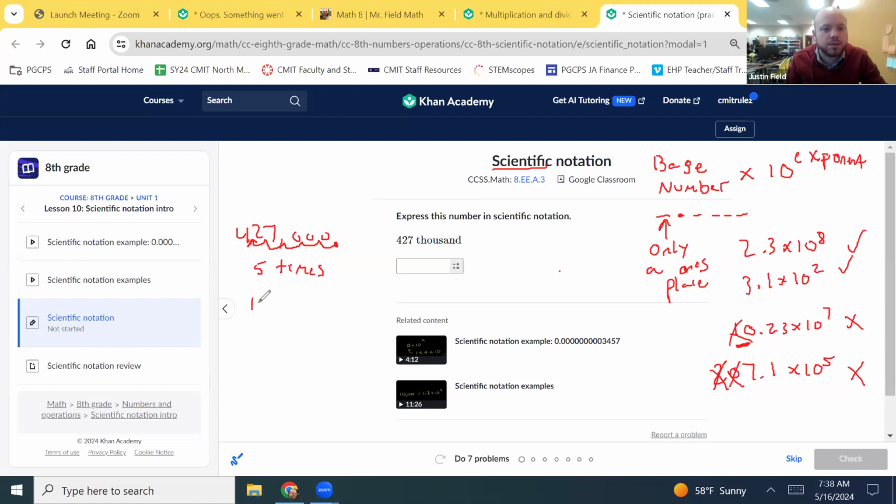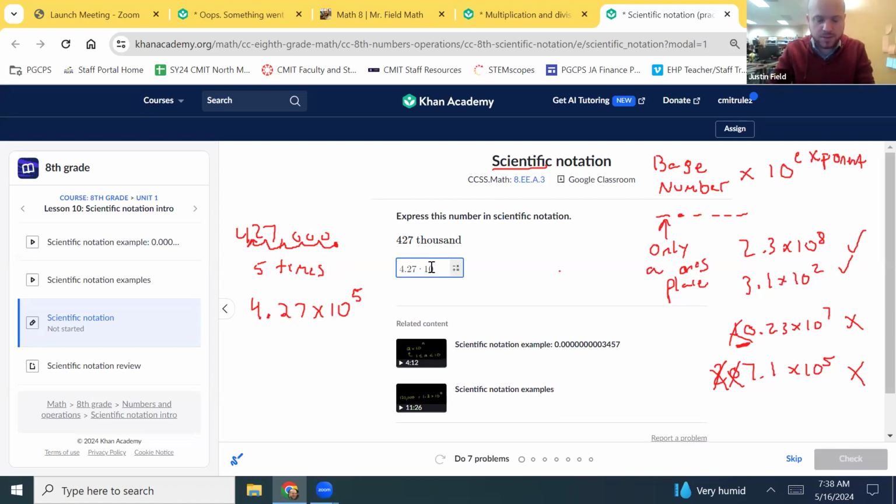Okay, so then there's going to be 4.27. There's only a 2 and a 7. The zeros after the 2 and 7, I don't have to write. And since I had to move it 5 times, it's going to be 4.27 times 10 to the 5th.